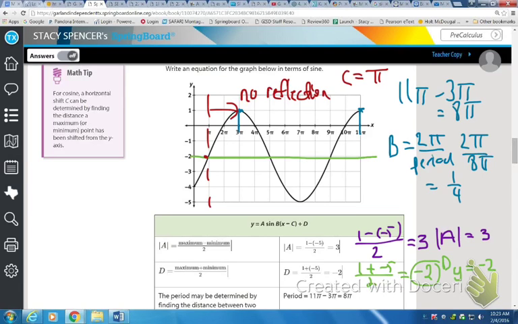Okay, so now we put everything together. I have y equals, my a we found to be 3. It is a positive 3, because we have no reflection. 3 times our sine, we found our b to be 1/4.